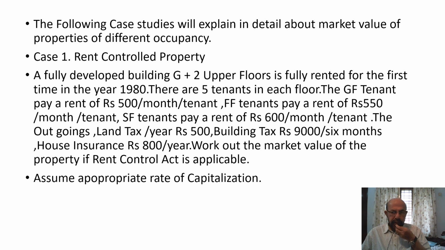Second floor tenants pay a rent of rupees 600 per month per tenant. The outgoings are land tax per year 500 rupees, building tax rupees 9,000 in 6 months, house insurance rupees 800 per year. Work out the market value of the property if Rent Control Act is applicable. Assume appropriate rate of capitalization.